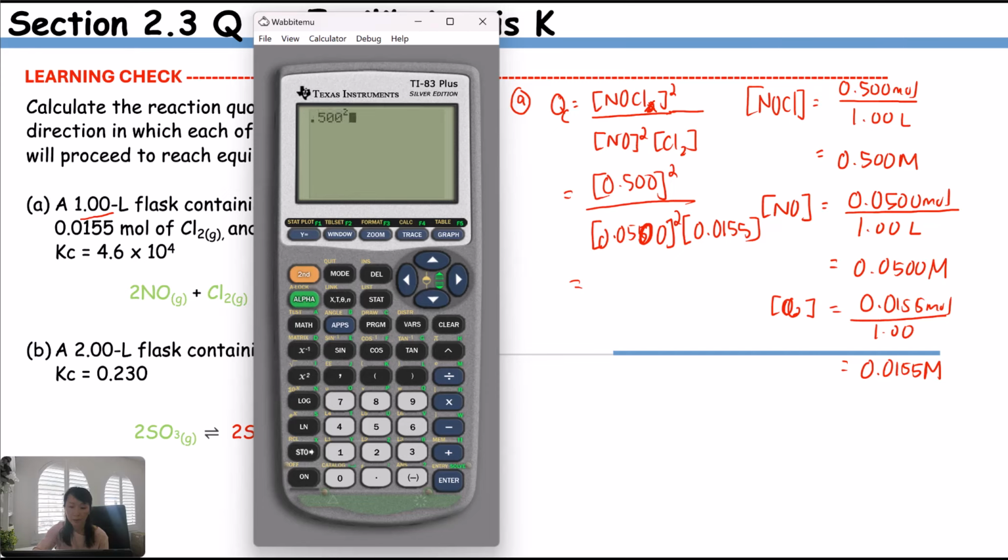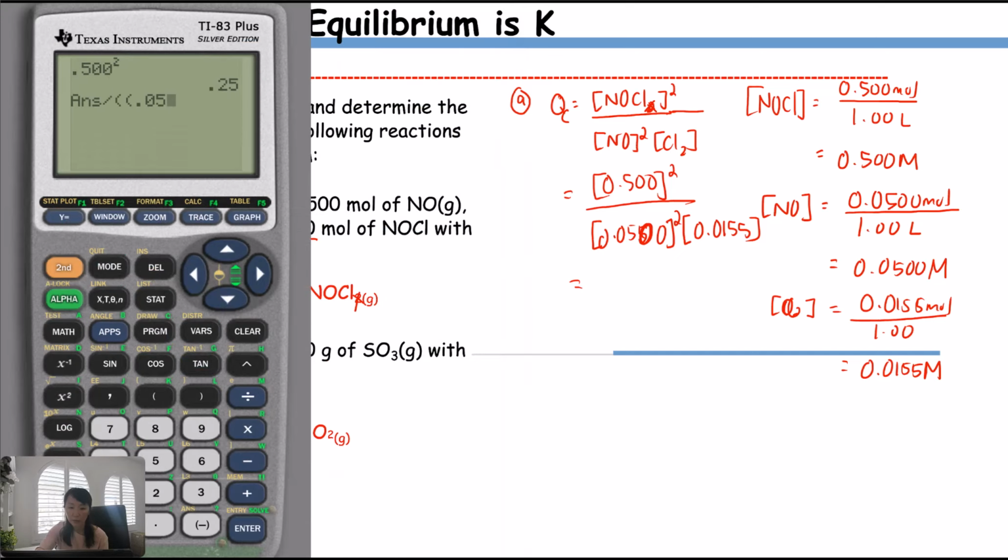We have 0.500 to the second power, and then you're going to divide that by all of the values that are inside. So it's going to be a little bit tricky, so we're going to double parenthesize. The first parenthesis is 0.0500 to the second power, and close it.